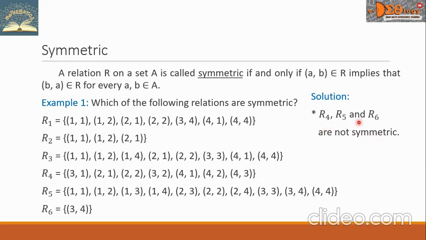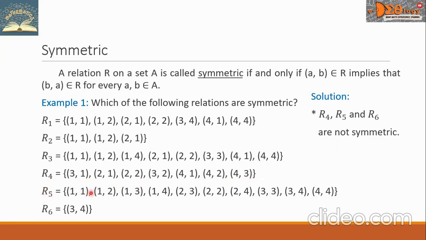R4, R5, and R6 are not symmetric. Let's begin with R4. We have here one ordered pair (3, 1), but there is no ordered pair (1, 3). That makes R4 not symmetric.